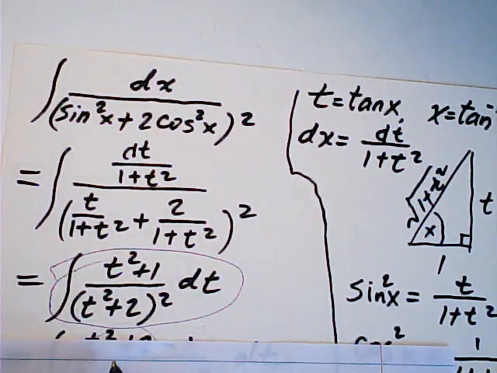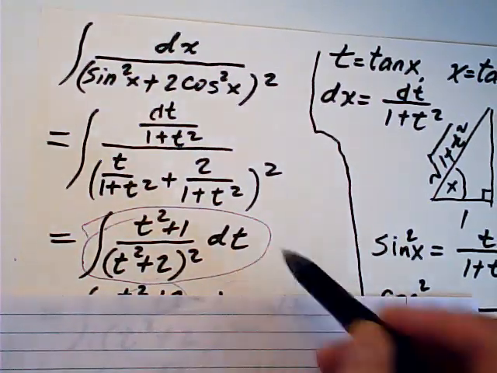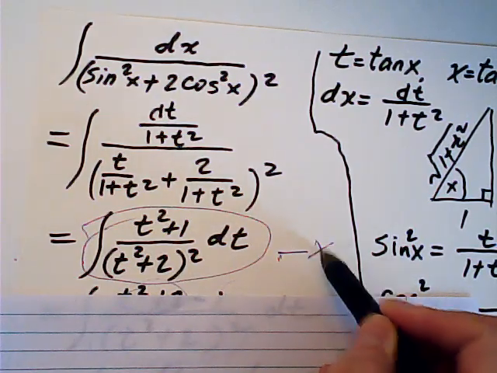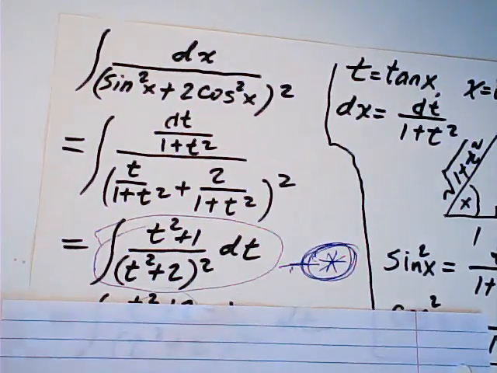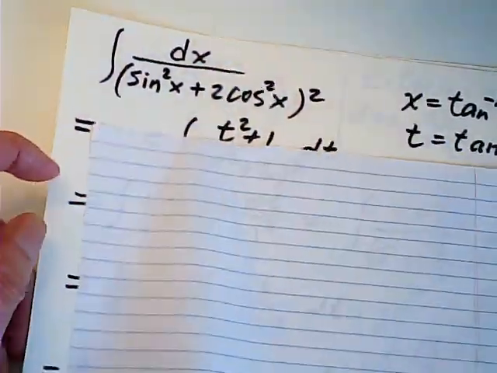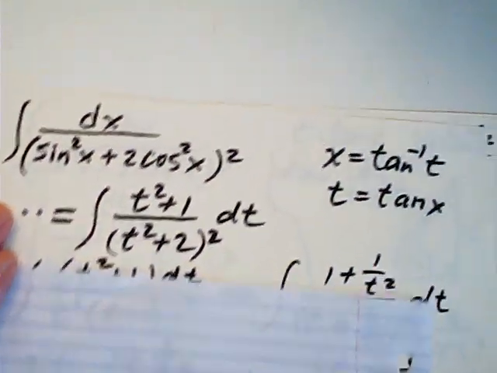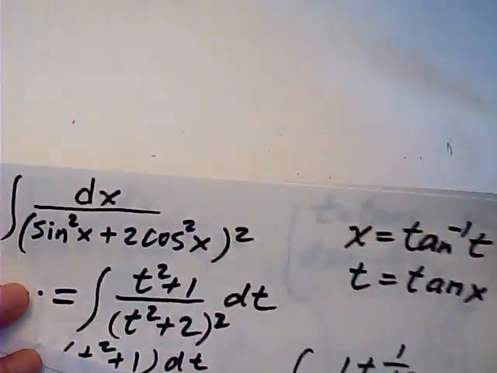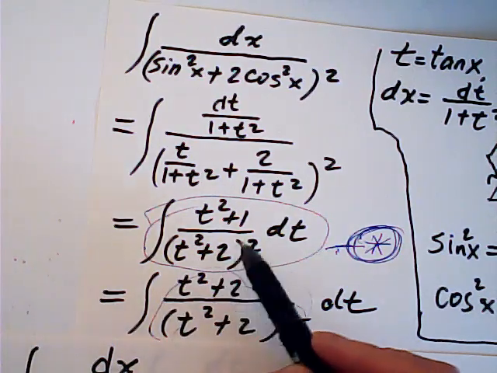So method 2 is a method that starts from here. Let me copy this one here. So method 2 starts from here. See, let me show that. This is method 1. We start from here. We consider this as method 2.